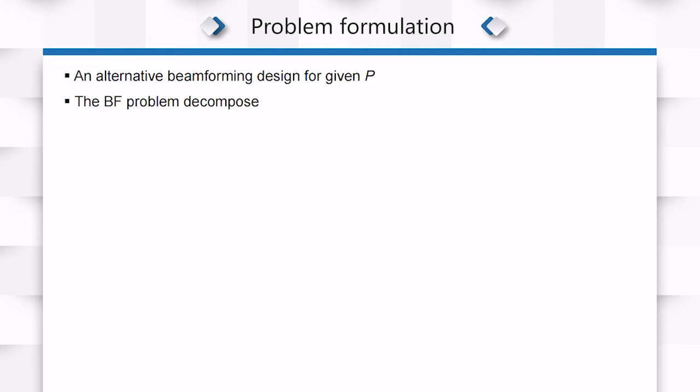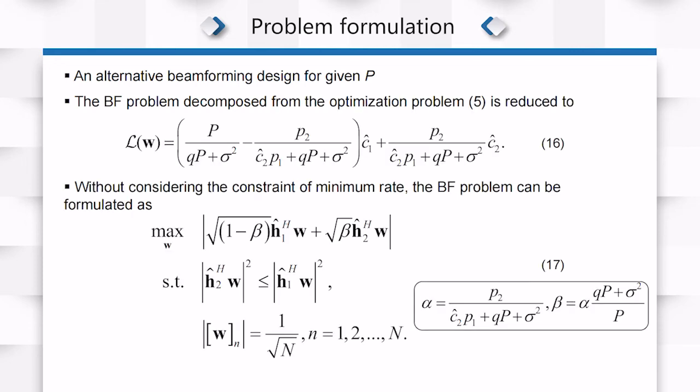Furthermore, we propose an alternative beamforming design which has low complexity. The beamforming problem decomposed from the optimization problem is reduced to equation 16. Without considering the constraint of minimal rate, the beamforming problem can be formulated as equation 17.